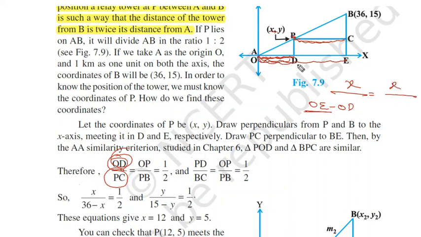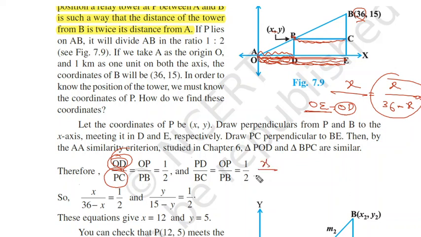OE was 36. So 36 minus OD, and OD is x, so 36 minus x, which is equal to 1 by 2. Now write it here.